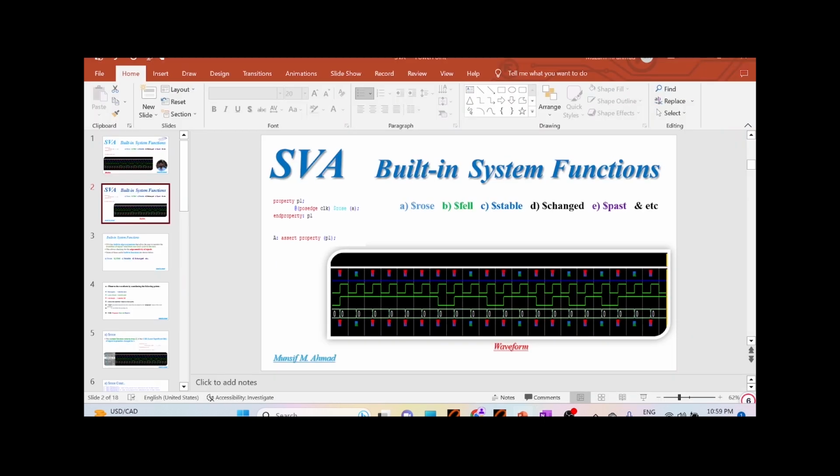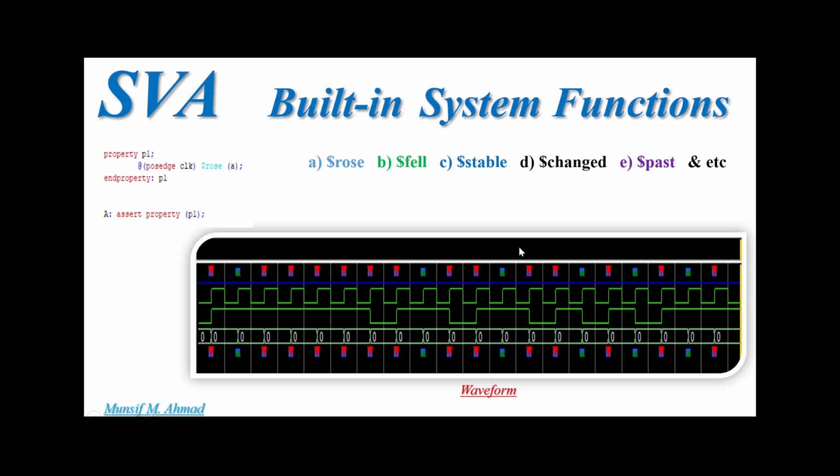Now let me explain what topics we are going to cover as a part of today's video. In today's video, I will explain some built-in system functions with respect to SVA. In these built-in system functions, we will discuss $rose, $fell, $stable, $changed, $past, etc. There are many built-in system functions.